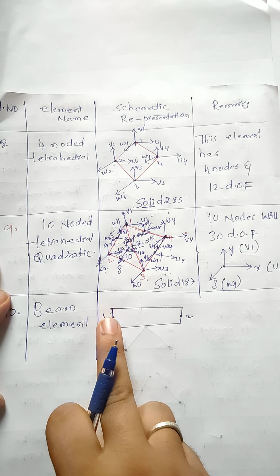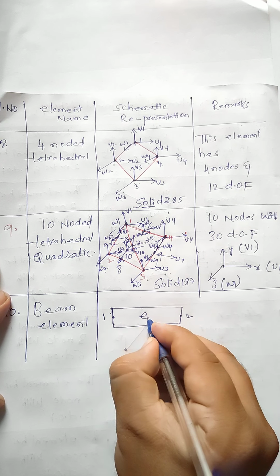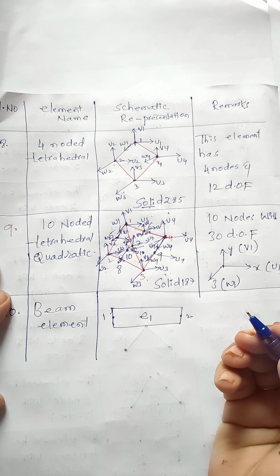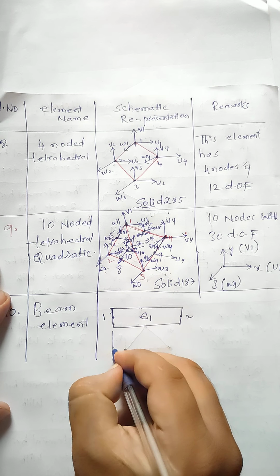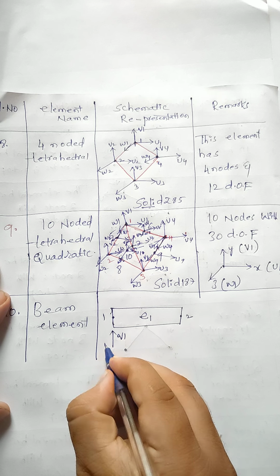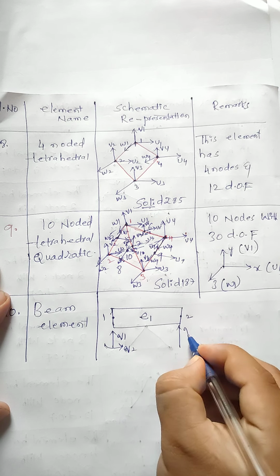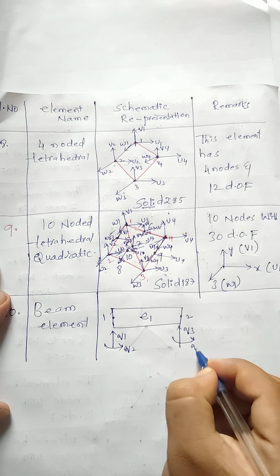So if we join the first node to the second node, forming an element, we can say element E1. Is it right? So here this is Q1 and this is Q2 and this is Q3 and this one Q4.